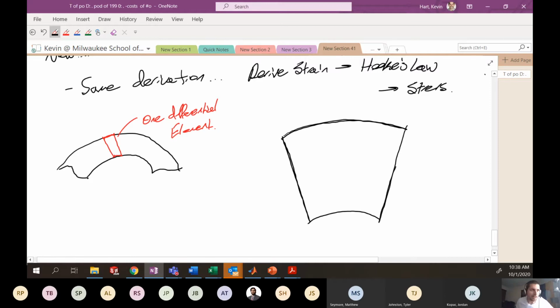This is an element that we might have in our curved bar before any deformation has even occurred. We already have this curved looking thing just because of the general curvature of the bar. So this is undeformed.